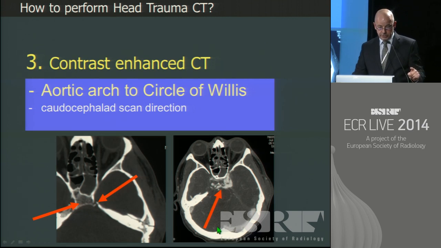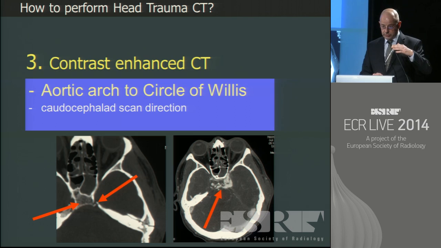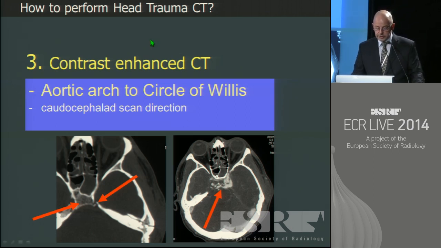If we administer contrast, remember that in the post-contrast series we should cover the area from the aortic arch to see all the carotid and vertebral vessels which can be injured during the accident, and of course use a caudocephalad scan direction.